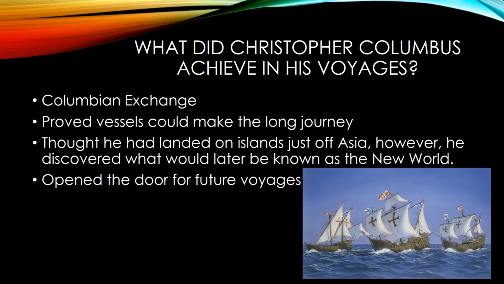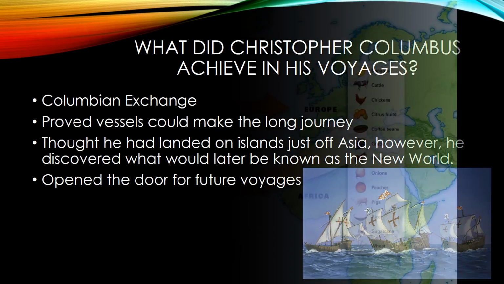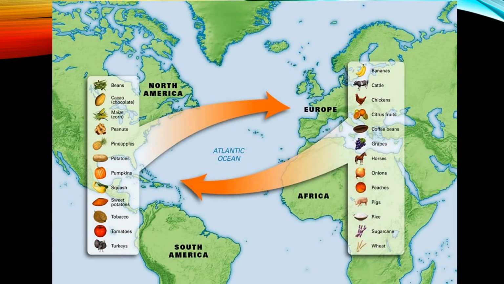People found out, hey, we can make it over there, there's land over there, and it became a heyday for early explorers. Here's a picture of the Columbian Exchange. What I want you to do right now is, in a blank space in your notes, write down Columbian Exchange.